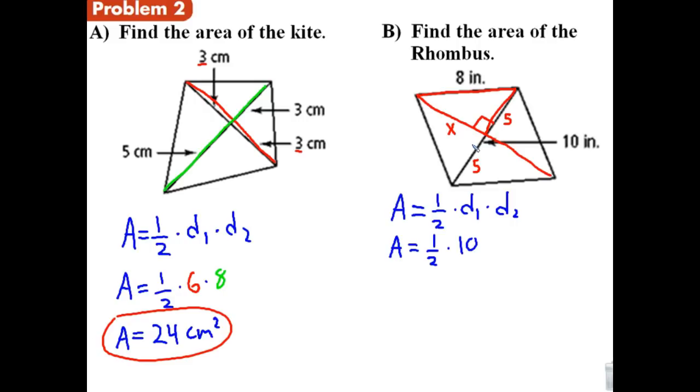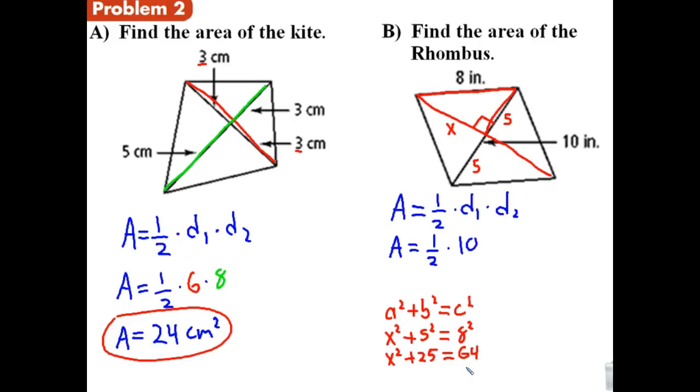And if I have two sides of a right triangle, I can solve for the third side using the Pythagorean theorem. A squared plus b squared equals c squared, where my hypotenuse, my c, is my 8. The x and the 5 will be the a and b, so we can say x squared plus 5 squared. So x squared plus 25 is equal to 64, squaring things out.